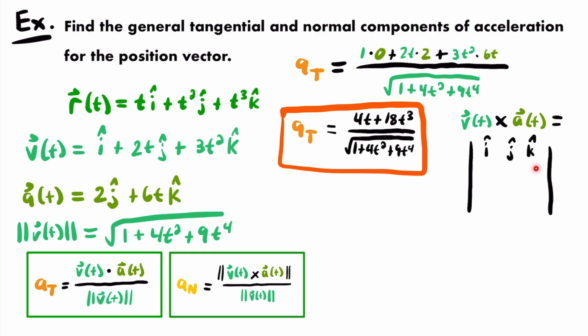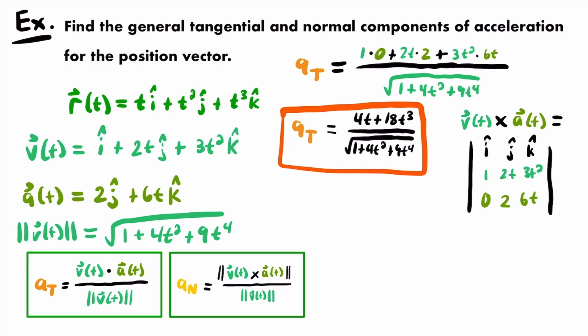The middle row will have the components of the velocity vector, and the bottom row will have the components of the acceleration vector. For the velocity vector, that is 1, 2t, and 3t squared. So let's write those in. 1, 2t, 3t squared. And then for the acceleration vector, that would be 0 for the x component, and then 2 and 6t. So we have 0, 2, 6t.